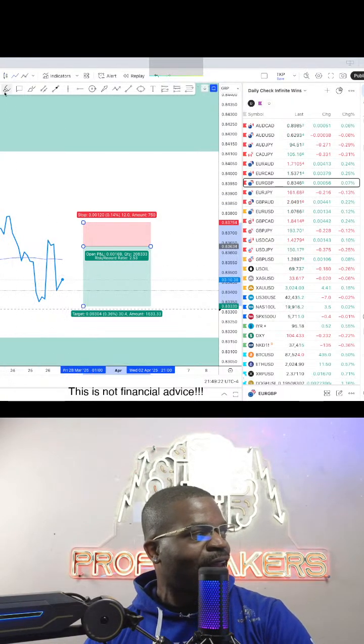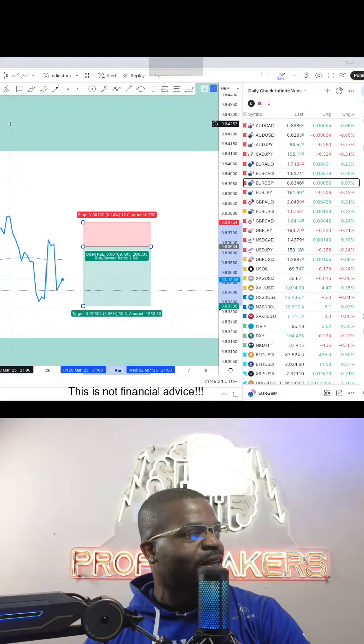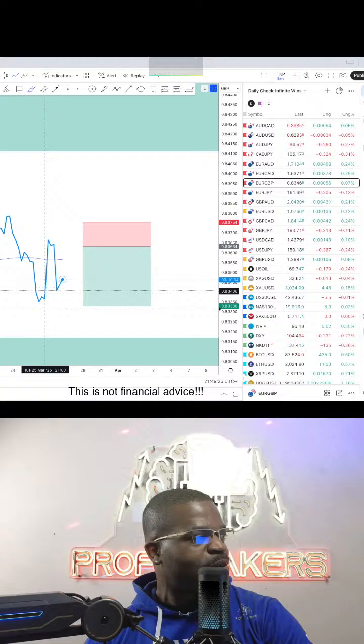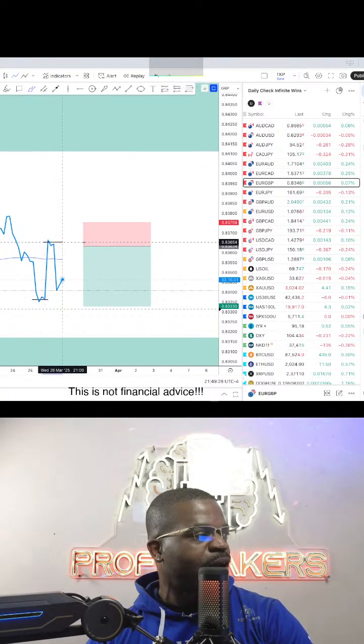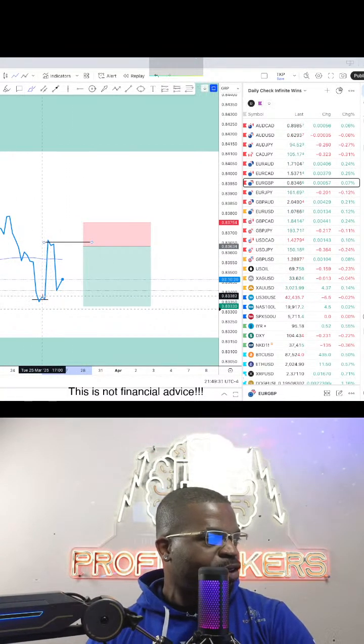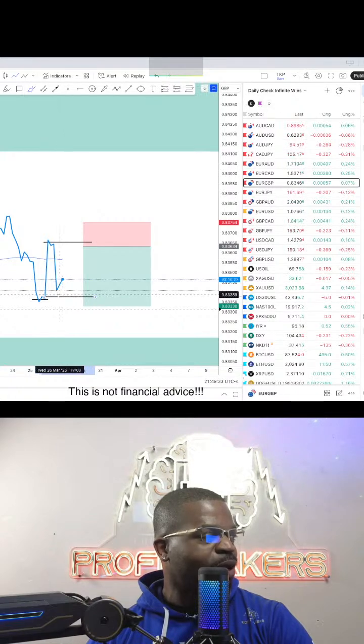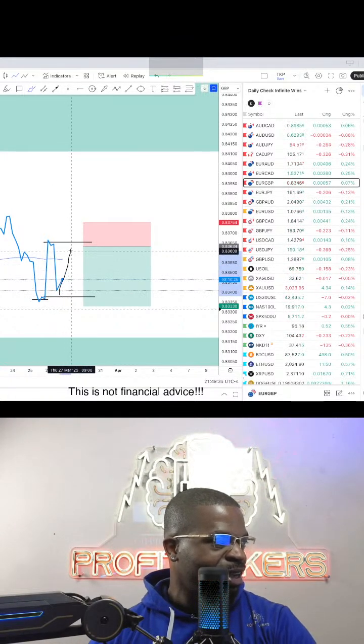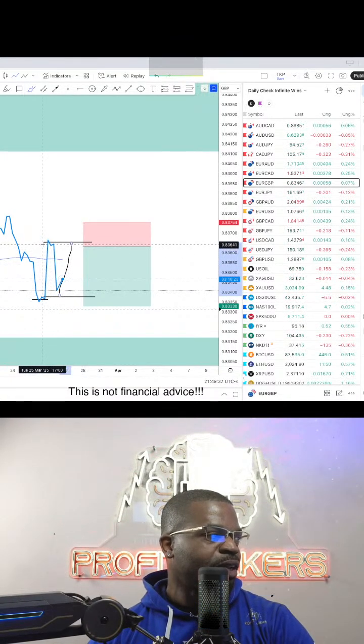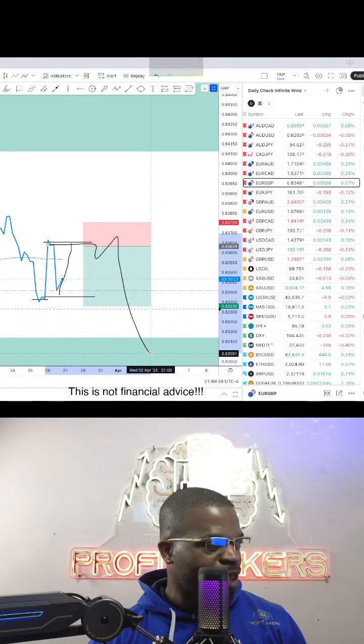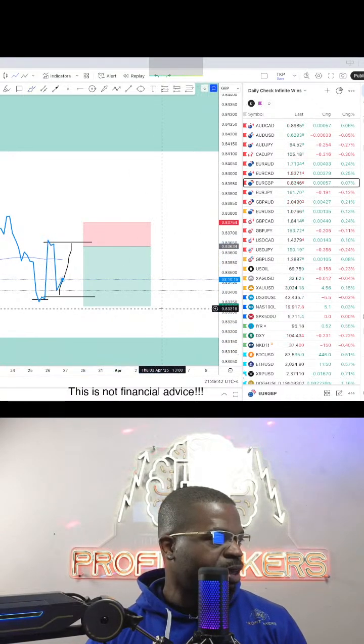You see this? I noticed that price created a double bottom right underneath the double top. So I closed my sales right here and put in buys. I'm actually in profit right now, just to sell them again and take that trade there.